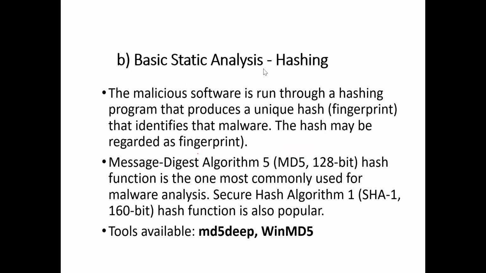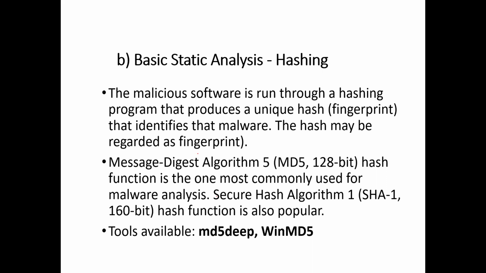We can then also use the hash values. This one we saw and used practically, and we will be able to do it again, because these are some of the ways in which we can quickly pick up on different viruses and whether attacks have taken place. Malicious software is run through a hashing program that produces a unique hash, or a fingerprint, that identifies that malware.